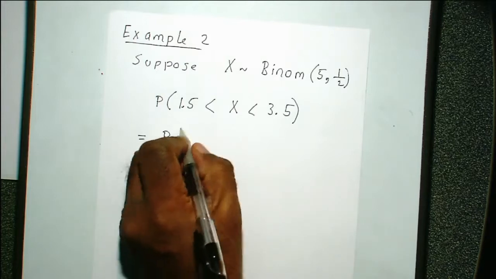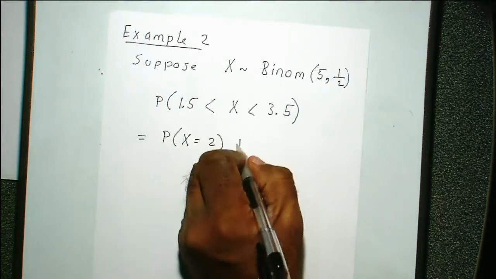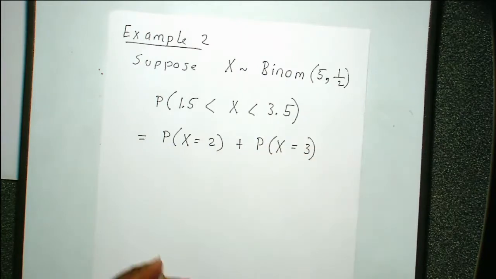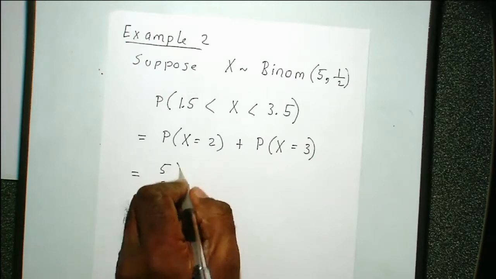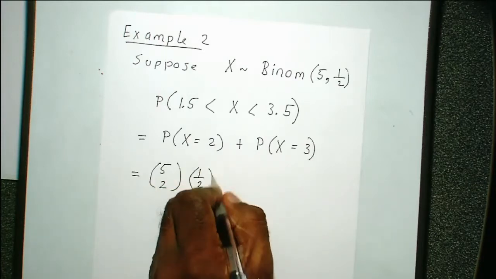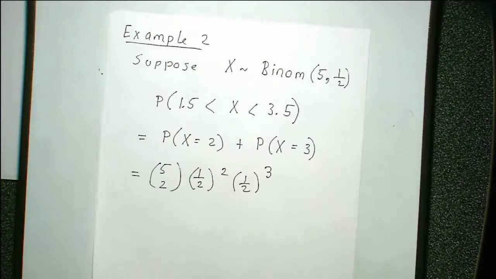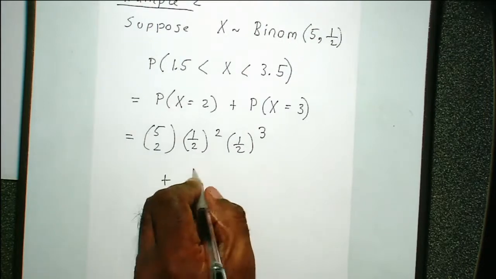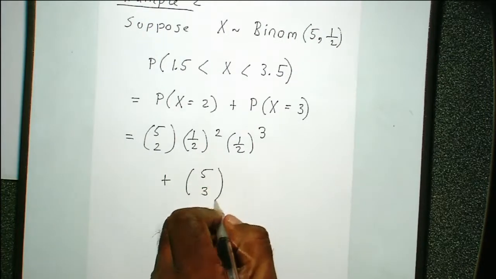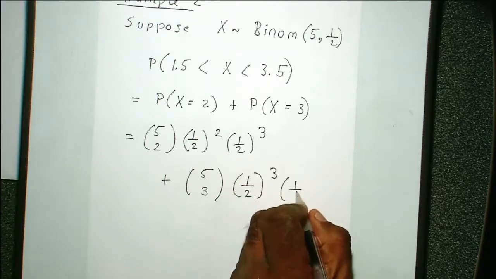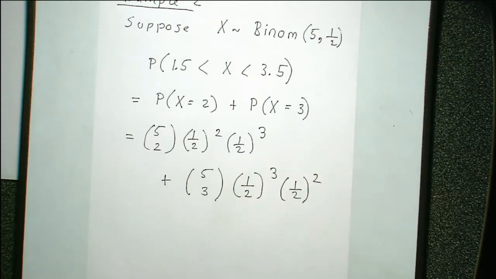So this is the probability that X equals 2 plus the probability that X equals 3. You follow me, right? I will let you simplify this. I'm not going to waste my time simplifying it.